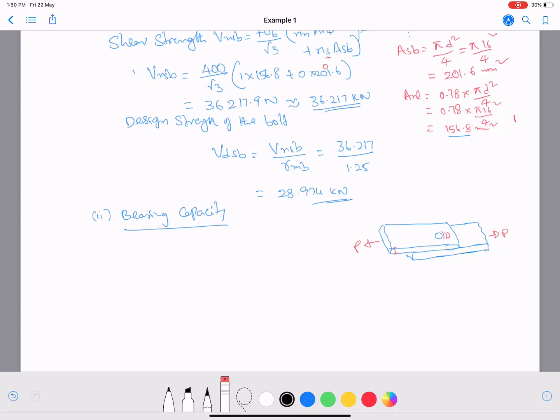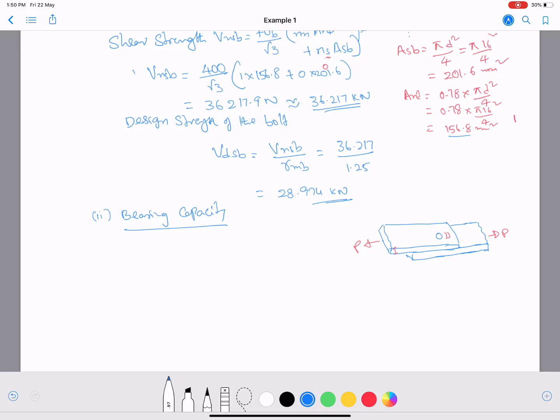Around the bolt, deformations will occur. So this is actually called a bearing type connection, and we need to design the bolt for the bearing capacity to resist the external loads.